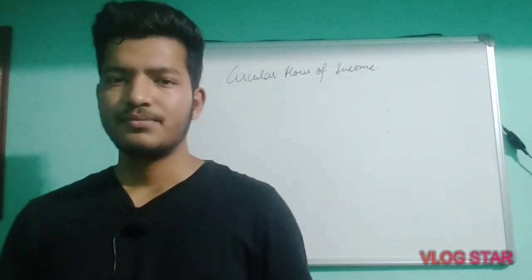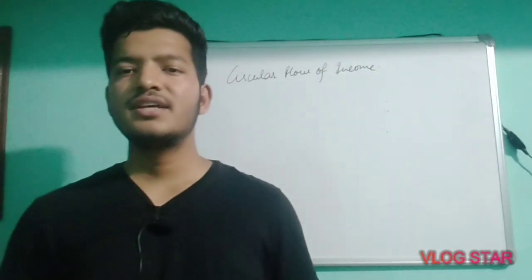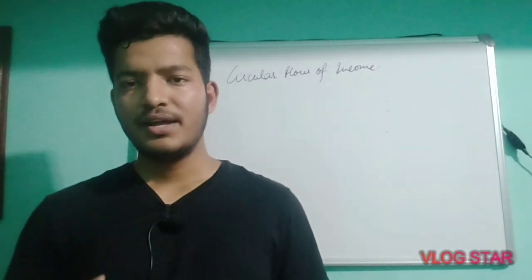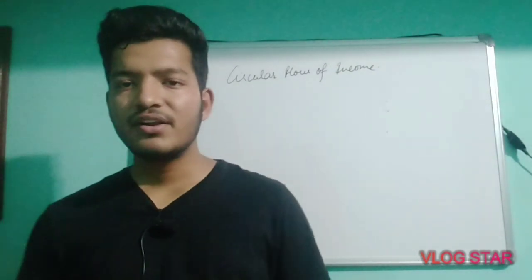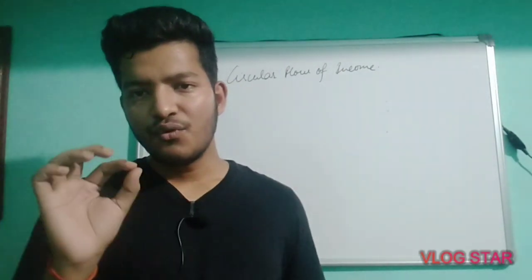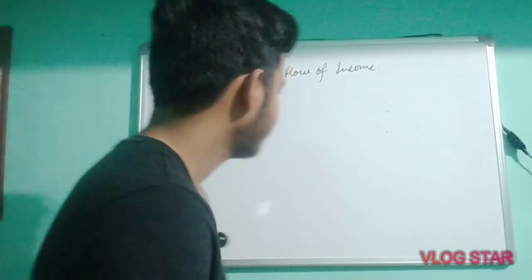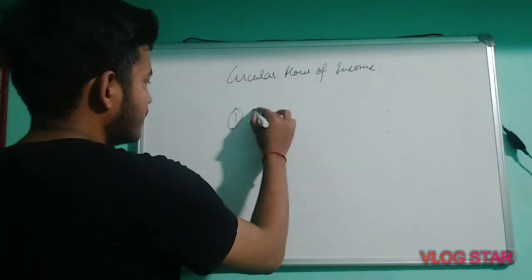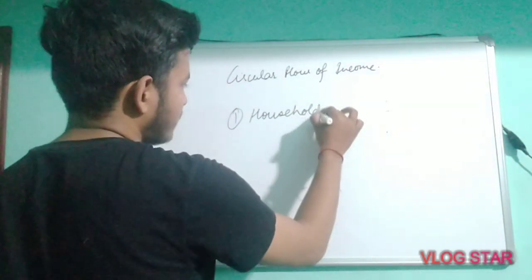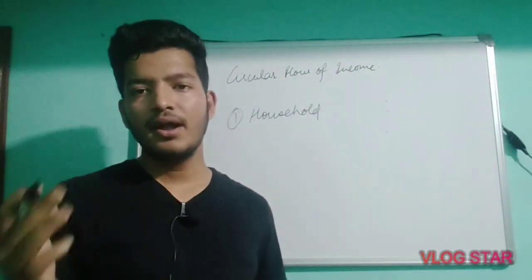Before discussing the circular flow of income in different sectors, the first thing we need to know is what the different sectors of the economy are. There are four sectors in any economy. First is household. The household sector, for example, you and me.